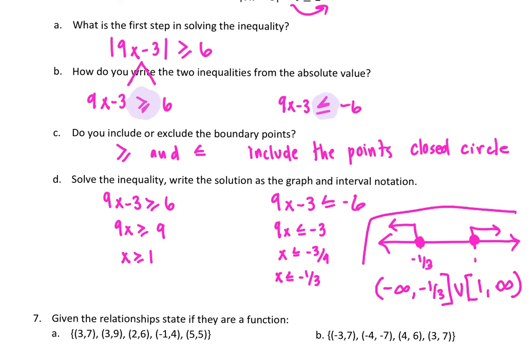And both the graph and the interval notation is the answer to the problem. And they will ask that. They will say, write the solution as a graph and as an interval notation. So there we go. That is solving an absolute value inequality.